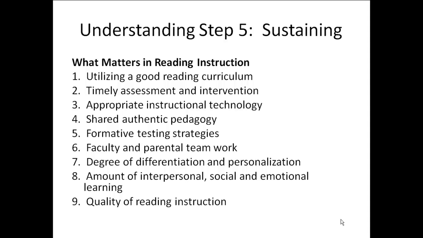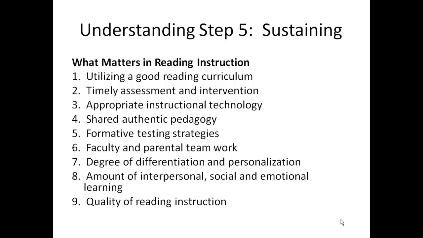So let's say, for instance, that in your district, you're looking at reading instruction and you're figuring out what really matters in good reading instruction. Through collaborative processes, you come up with this list of these 9 strategies. There are all kinds of things here: curriculum, interventions, instructional technology, parental involvement, as well as quality of reading.